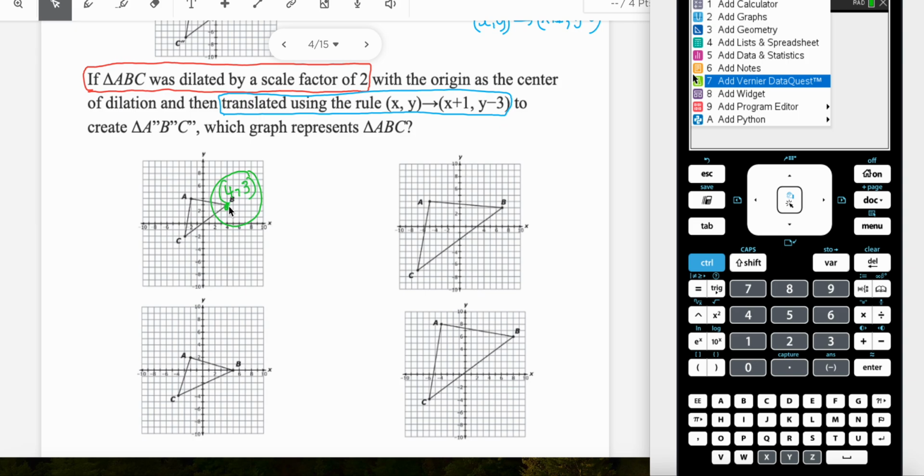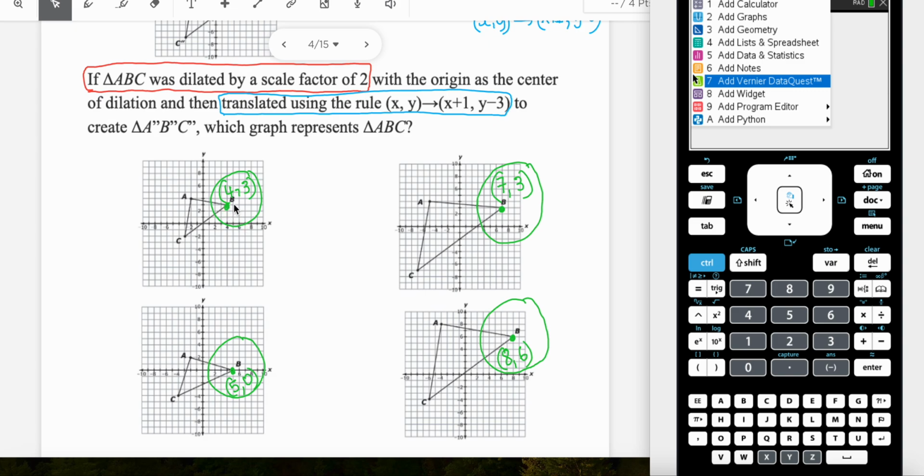For this one, the coordinate of B is 7, comma 3. For this B, the coordinate is 8, comma 6. And for this B, the coordinate is 5, comma 0. So we're going to take each of them until we get the answer.